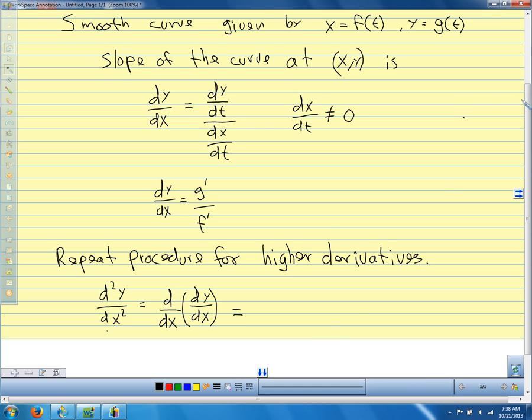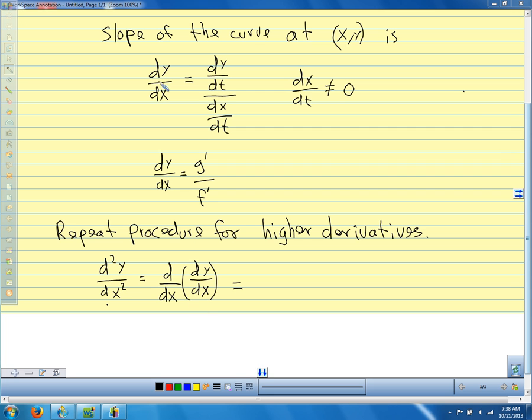And what happens there is now dy/dx is my new function here. So this is going to be d/dt of dy/dx divided by dx/dt.